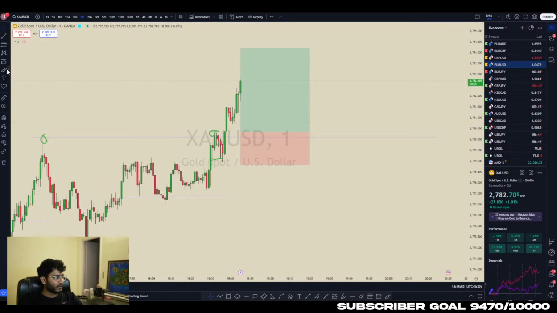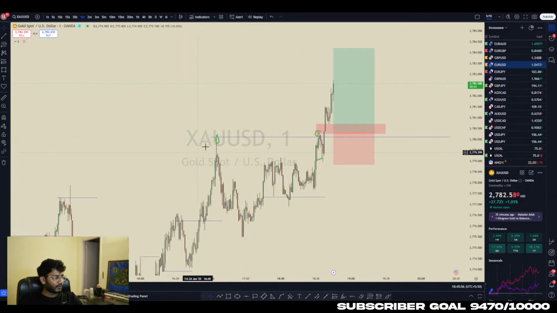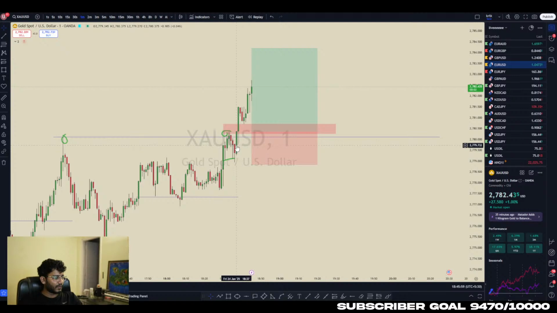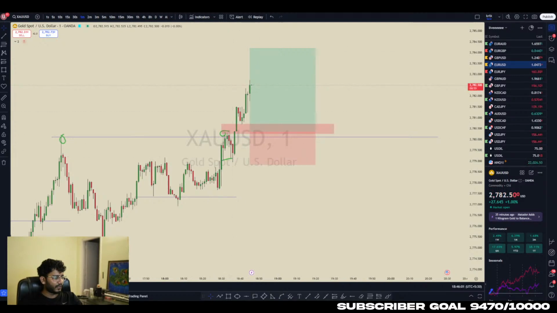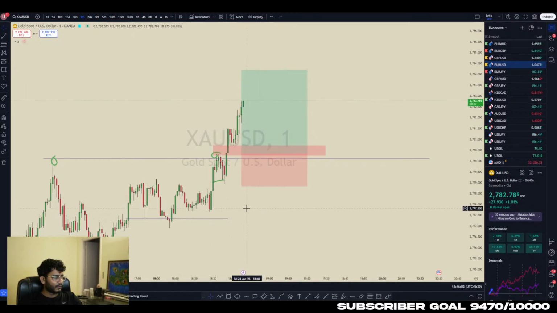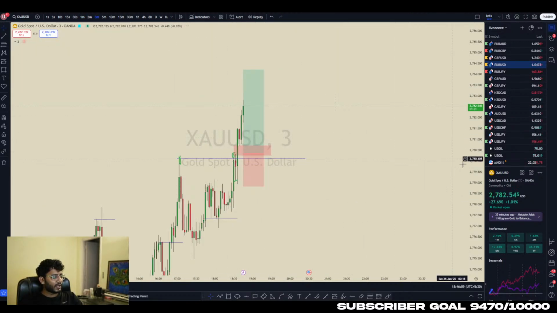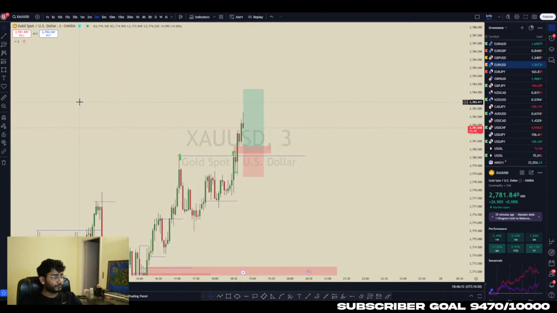We have this imbalance, this imbalance, and the structure over here, and this candle induced the left side candle and then it started to go up. The next high will be our target.